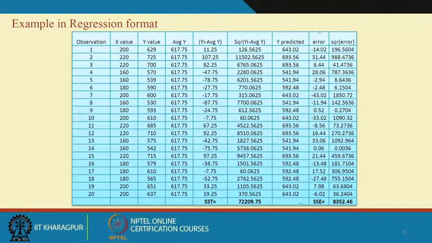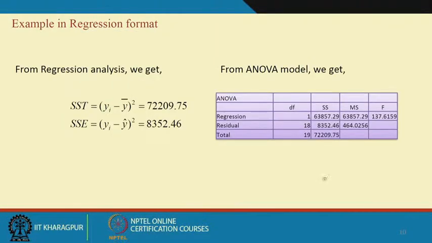The predicted values were taken to 2 decimals, so the error is also to 2 decimals, or maybe the approach also gives slightly different values. And then we found that from regression also the F statistic is very high, and we are saying that it is significant.